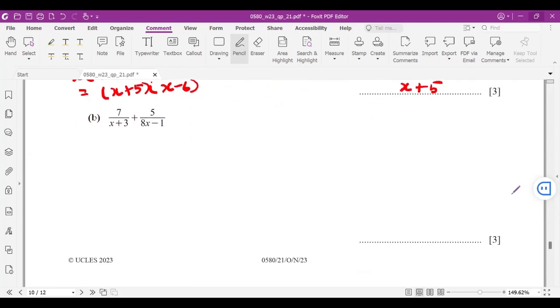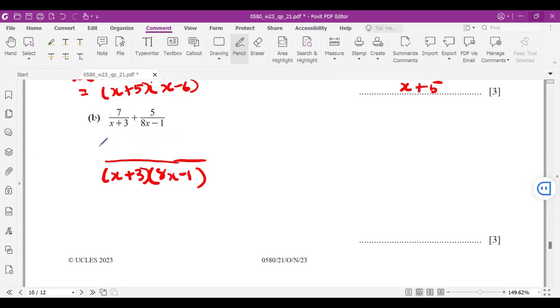The B part, we also want to write as a single fraction. So we find the LCM of this, which will be the product, x plus 3, 8x minus 1. So when we divide this LCM by this denominator, it gives us 8x minus 1.